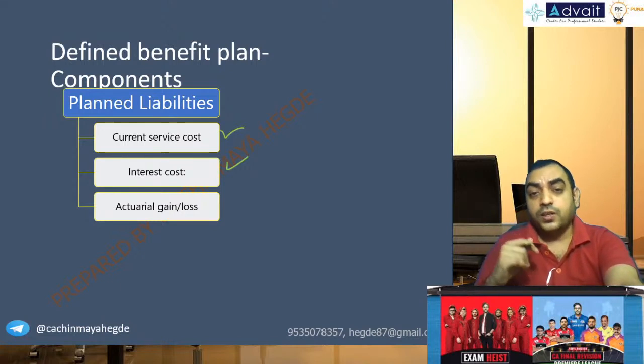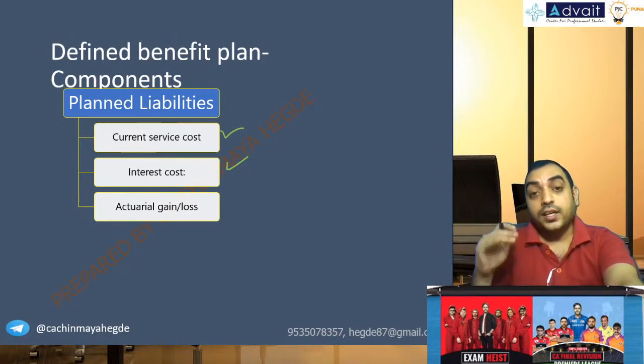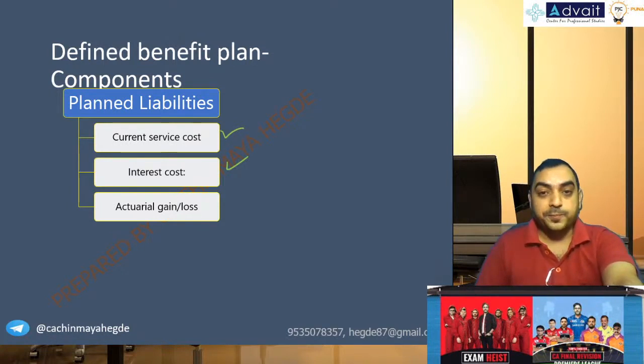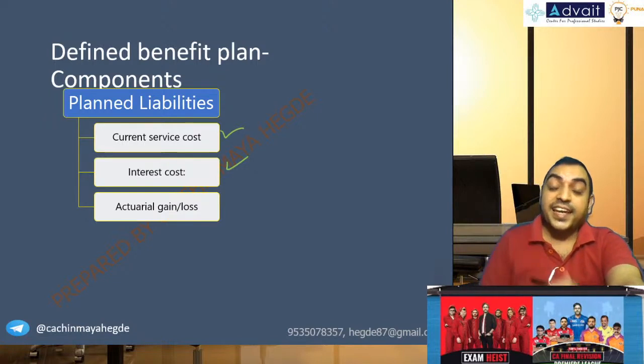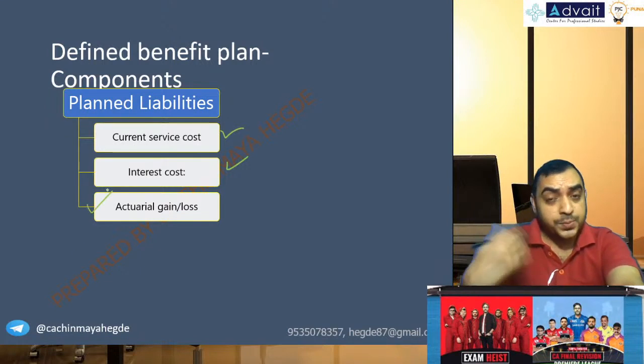Gratuity is payable based on the last drawn salary of the employee. When an employee comes to you for an interview, can you ask him what is your last drawn salary expectation? He will not join your company. So it requires estimation, it requires assumption. Those assumptions are called actuarial assumptions, and they can change subsequently.